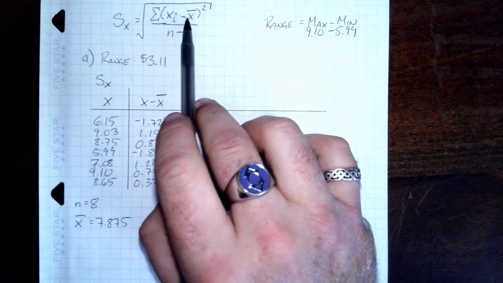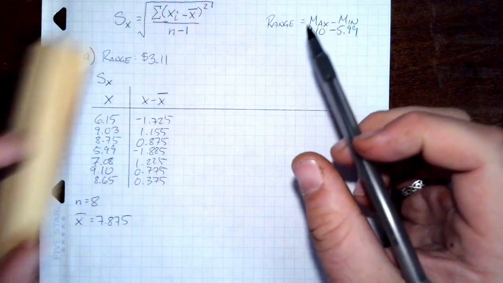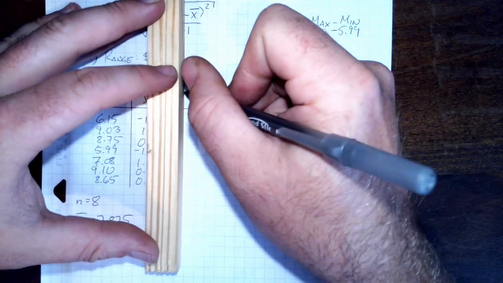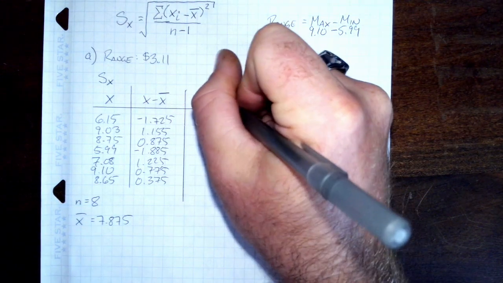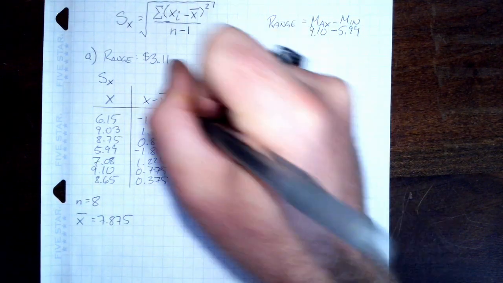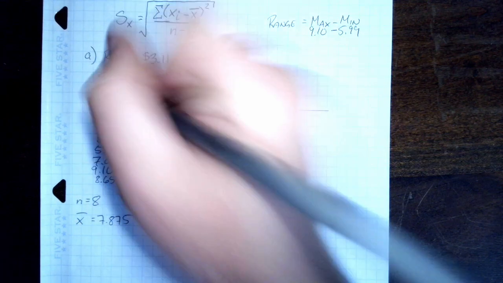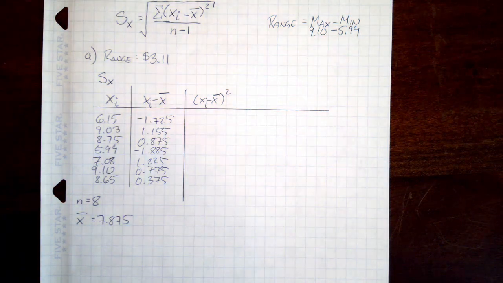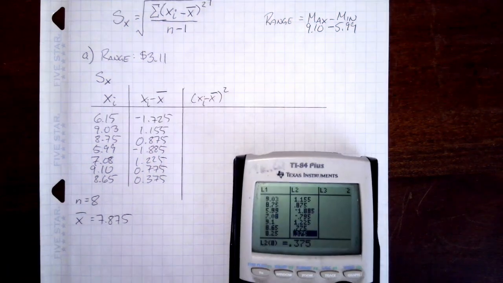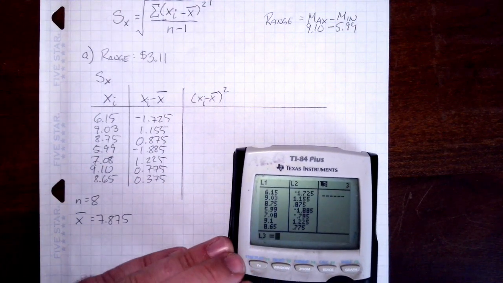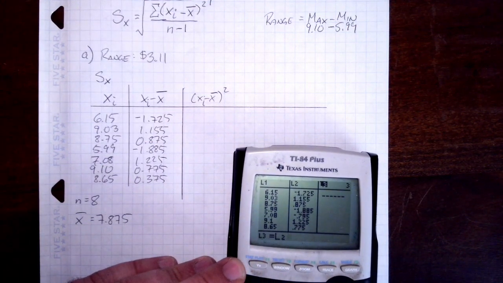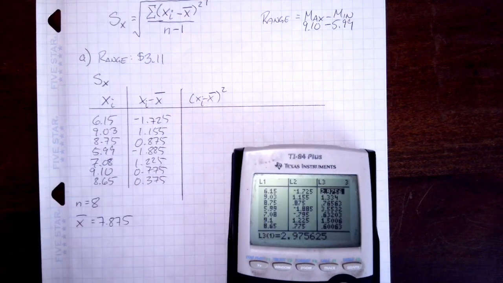Again, working from the inside out. Up here, we need to now square everything. So take each of those and square them. And technically, these are all of our individual x's. You can leave the i on or off as you need. So again, go up to L3 now. We're going to take everything in L2 and square it. And then copy those.